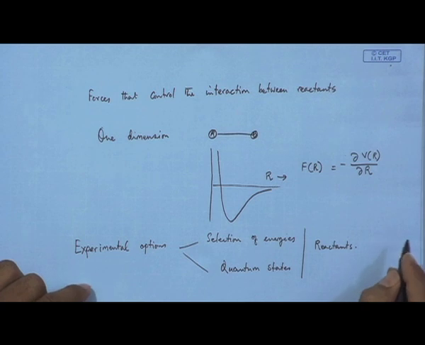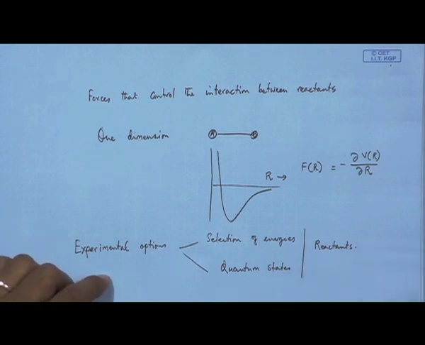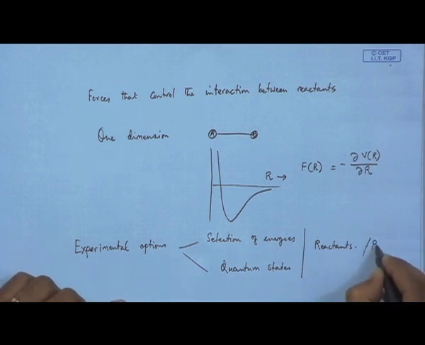And in the same way we have to probe the energies and quantum state populations in the product as well, the product which is formed because of reactants. So, reactants and also products.